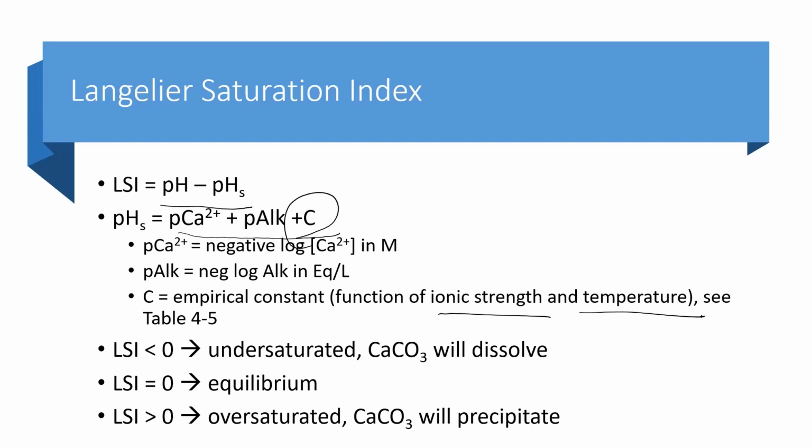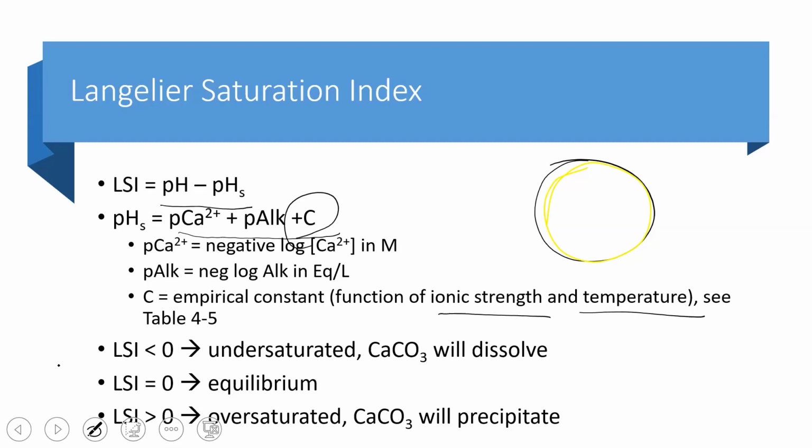Now, if the LSI is less than 0, then that water is undersaturated and calcium carbonate will tend to dissolve. So if we have this scale that's formed on the inside of this pipe, that's going to tend to dissolve. If we have an LSI equal to 0, then it's at equilibrium. And if it's greater than 0, it is oversaturated and the calcium carbonate will precipitate.